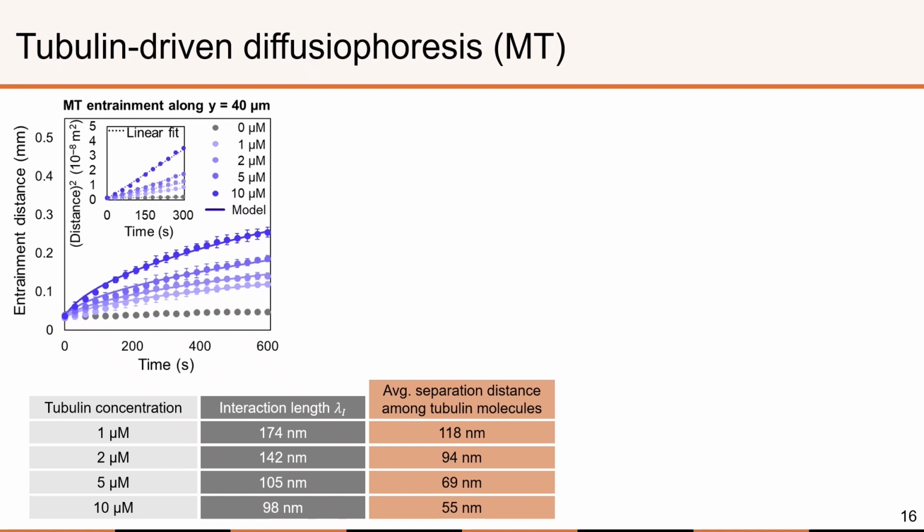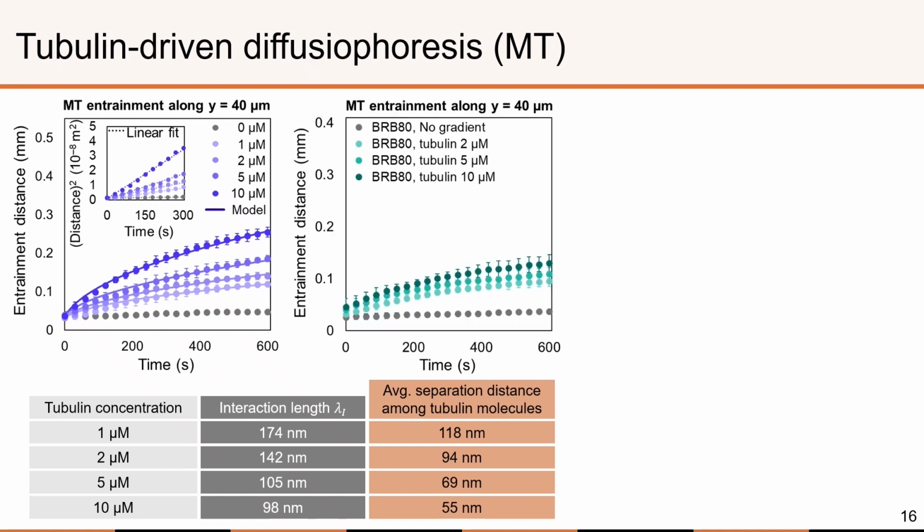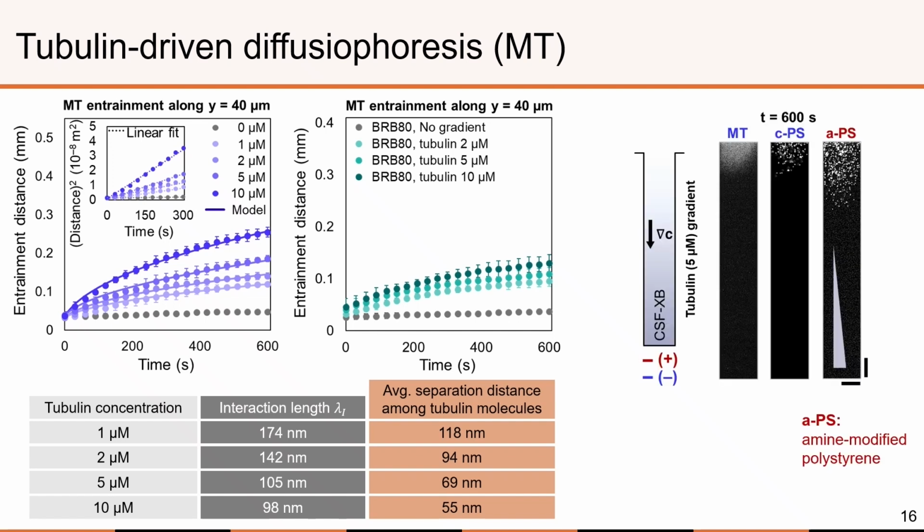We suggest that there is a long-range interaction between microtubules and soluble tubulin due to their negative surface potentials, and that this interaction is weaker in BRB80 buffer compared to CSFXB, resulting in a smaller diffusiophoretic travel distance. Our surface potential argument as the main source of the long-range interaction is further validated using amine-modified polystyrene particles which have a positive surface potential.